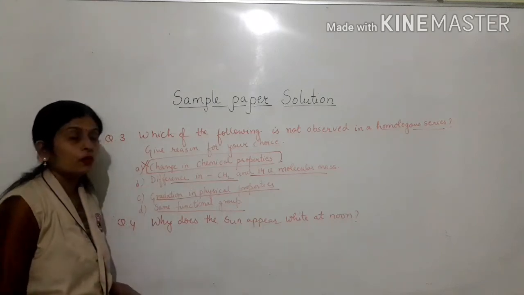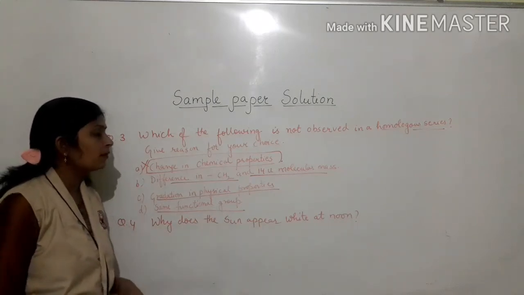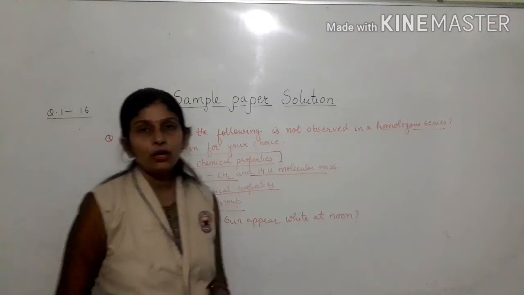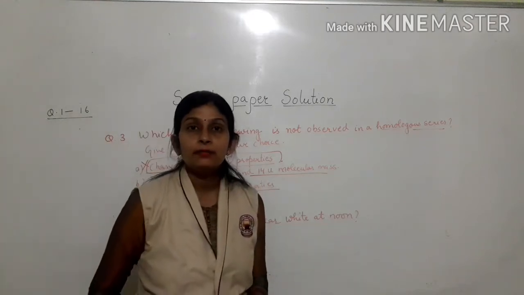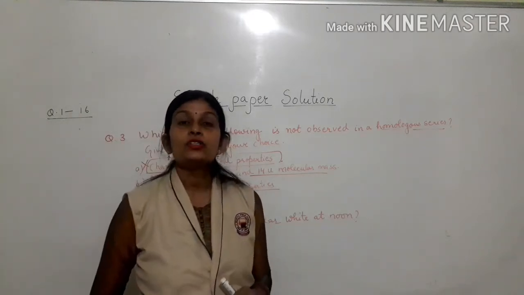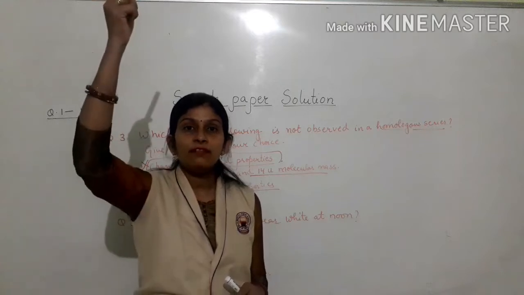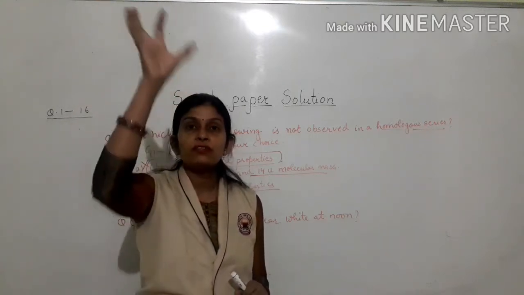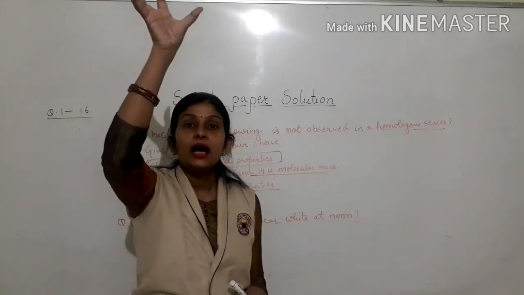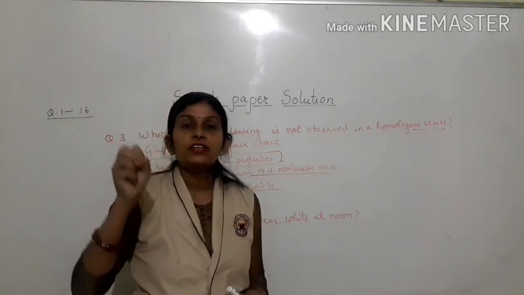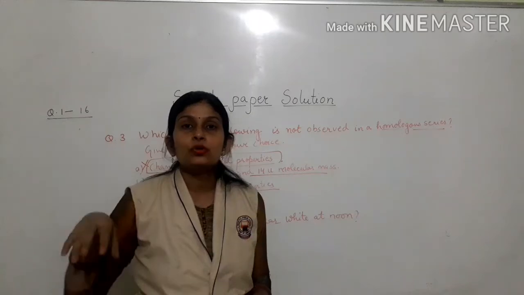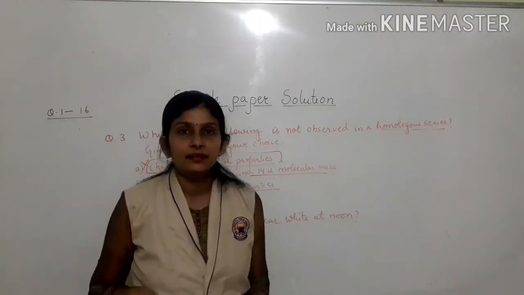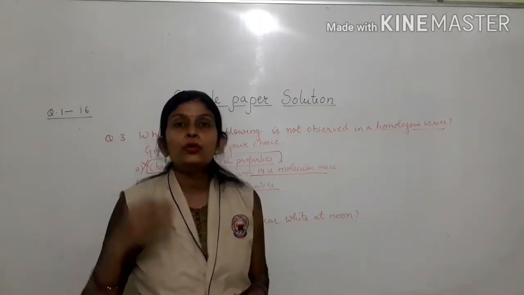Now question number 4. Why does the sun appear white at noon? Because at noon time sun is overhead, so sun rays travel comparatively shorter distance. So most of the light is coming together without much scattering. So they are least scattered during noon time.